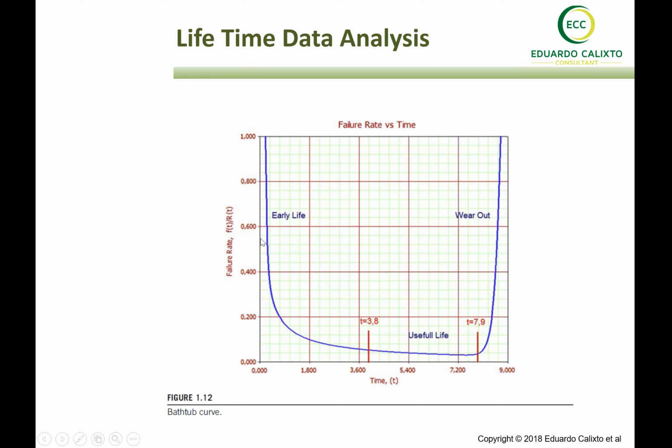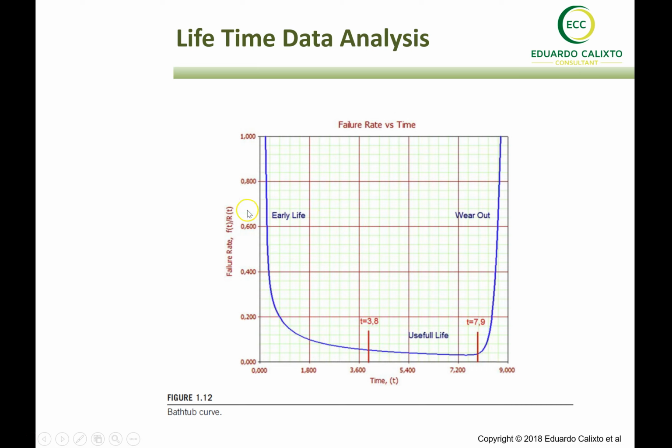Usually when we apply the Weibull 2 parameters or the Weibull 3 parameters, we will get only some parts of such PDF, or we get the early phase going to useful life phase, or you get the useful life only, or you get part of useful life going to wear out phase. Okay, so in this bathtub curve, we have three parts of the life cycle: early life phase, useful life phase, and wear out.